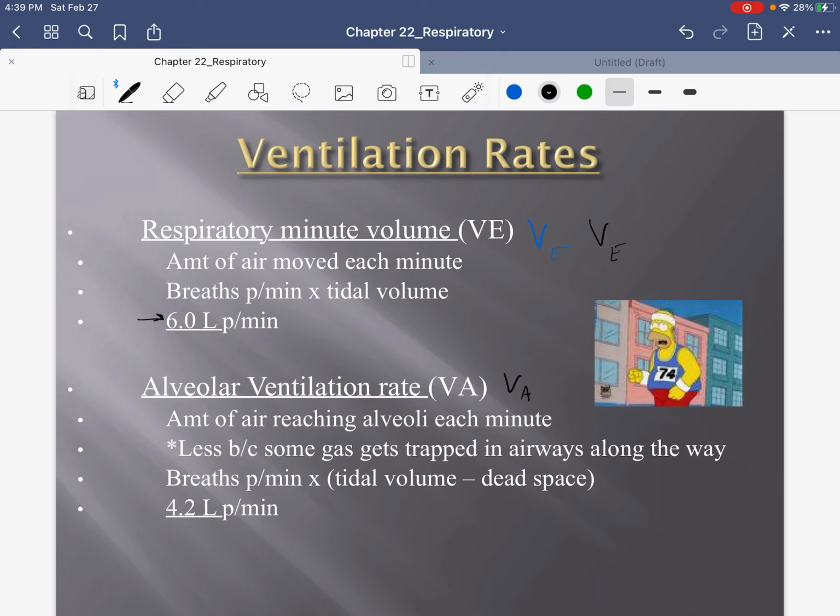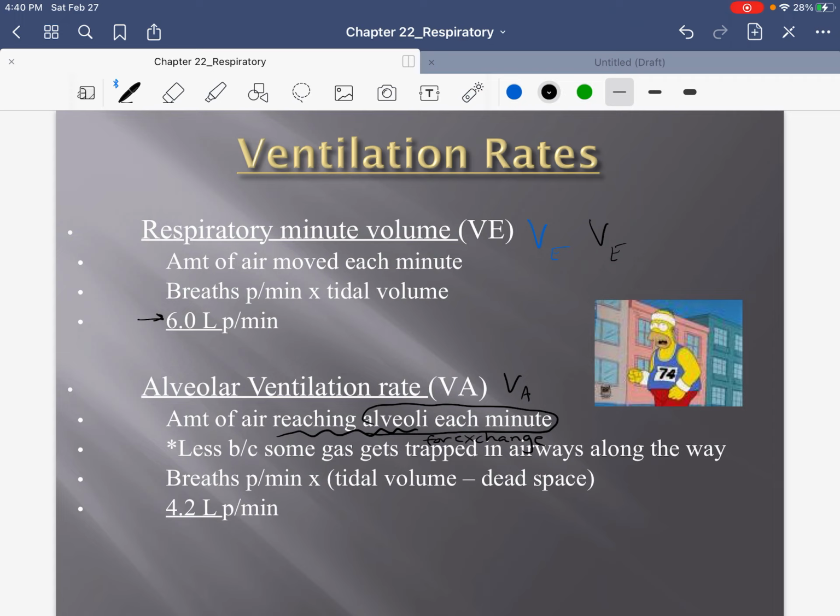But there's also a definition of something called alveolar ventilation rate. This refers to how much of that air actually gets to the alveoli and will be exchanged. So respiratory minute volume, V sub E, is the volume of air we breathe in and out per minute.